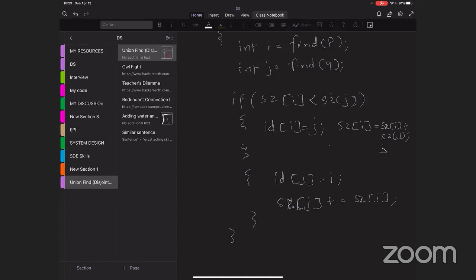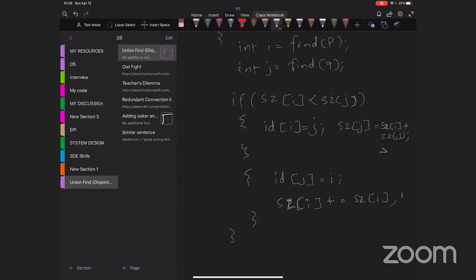So we are making J the root. Yes. So should we not increase the size of J instead of I? Yes, that's a good point, and that's the code word. So your doubt was right. Thank you for pointing that out.